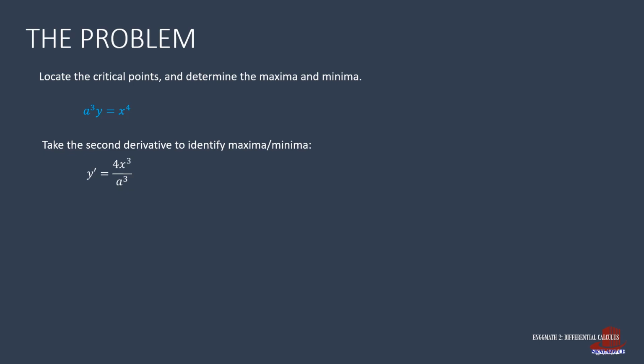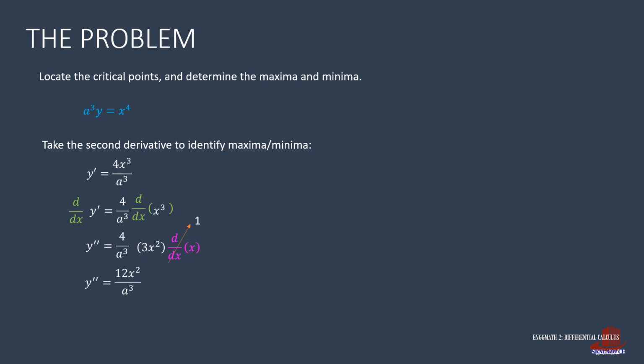With y prime as 4x cubed upon a cubed, we take its derivative to come up with y double prime. Y double prime is then the constant 4 upon a cubed with the derivative of x cubed as 3x squared. Then attach the derivative of x as required in chain rule. dx over dx is 1.